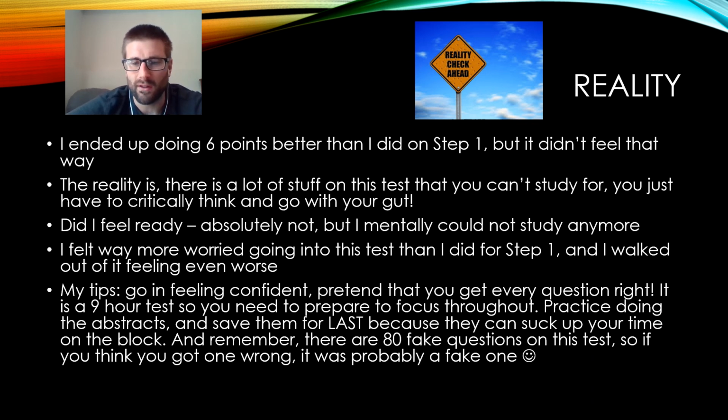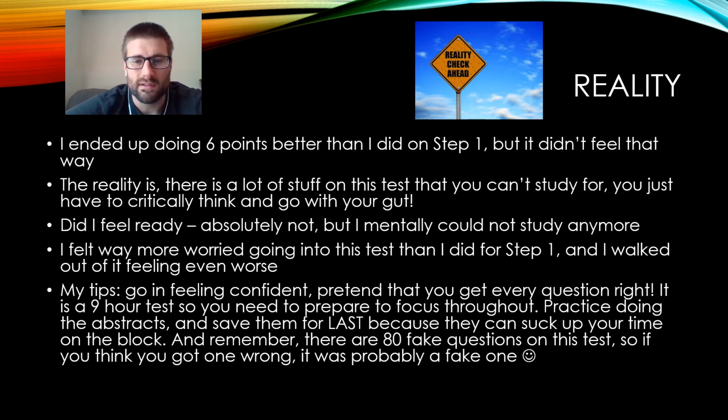Just as a little reality check, at the end of the day I ended up doing 6 points better than I did on Step 1, but I 100% did not feel like that when I walked out of the test. In reality, there is a lot of stuff on this test that is very difficult to study for. You just have to critically think and go with your gut on a lot of these things, like the ethics, the behavioral questions, and what's the next best step.